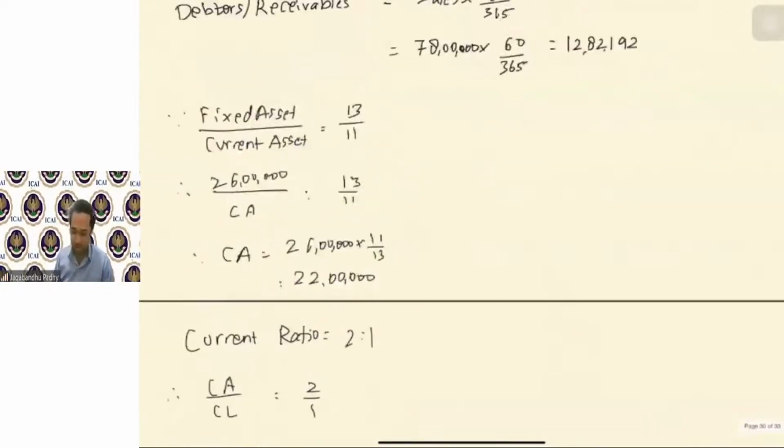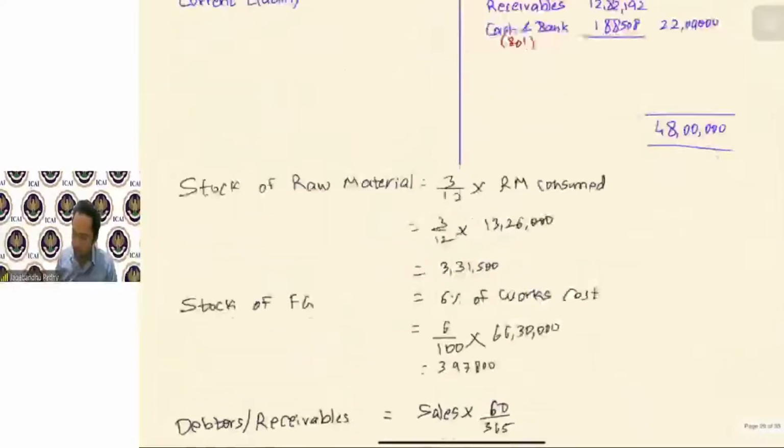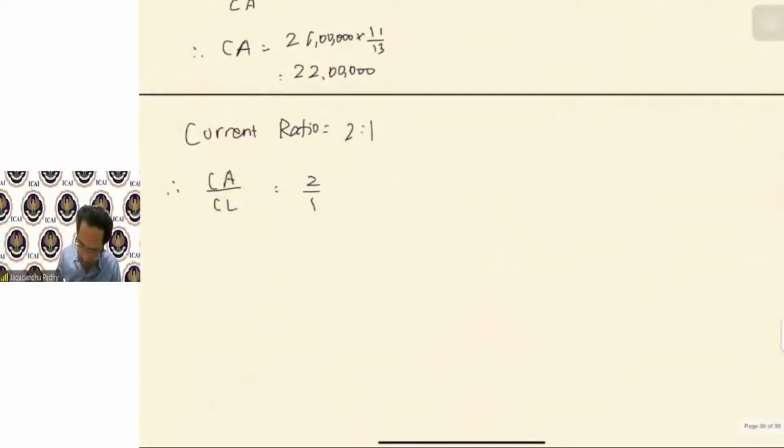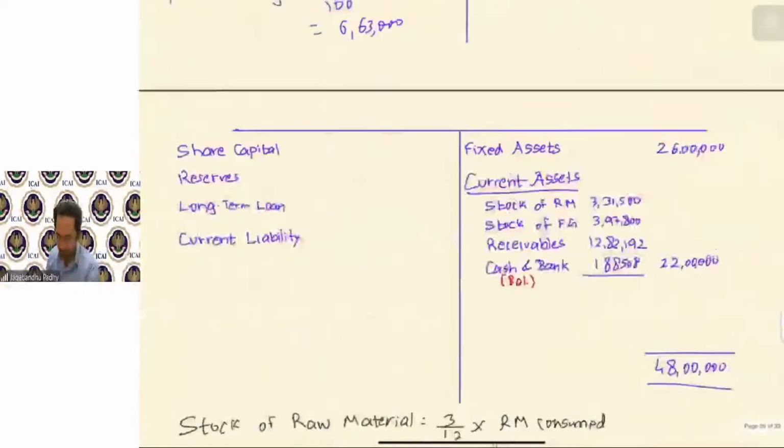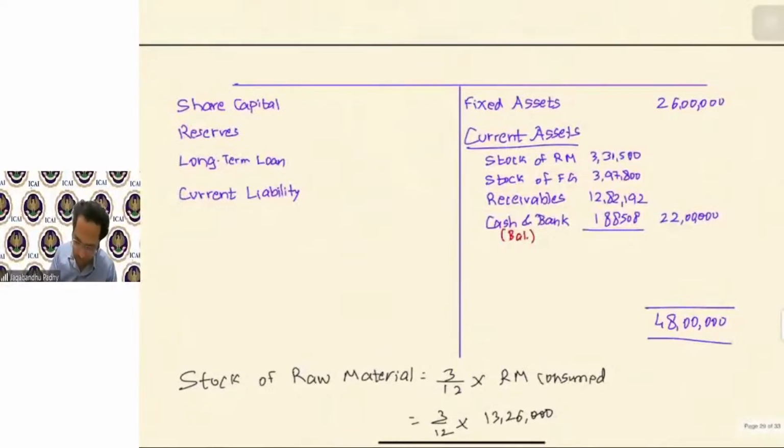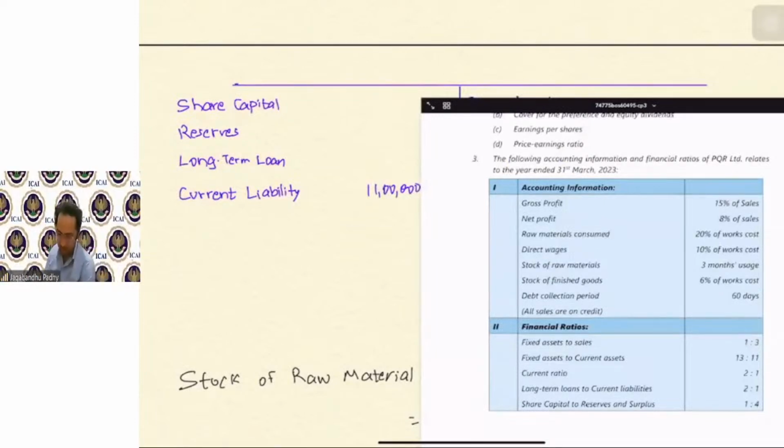We've got the current asset value to be totaling to 22 lakhs. Current asset is 22 lakhs upon current liability of 2. The current liability will be 11 lakhs. Then next is long-term loan to current liability is 2 is to 1.